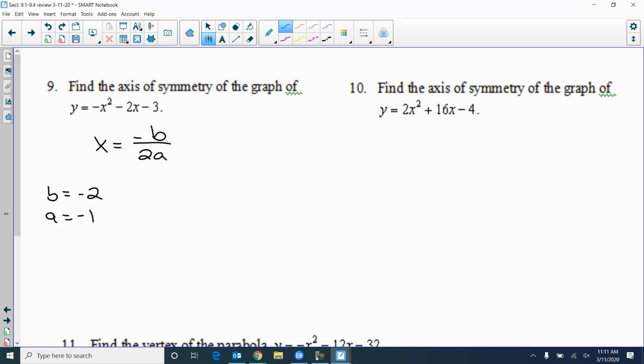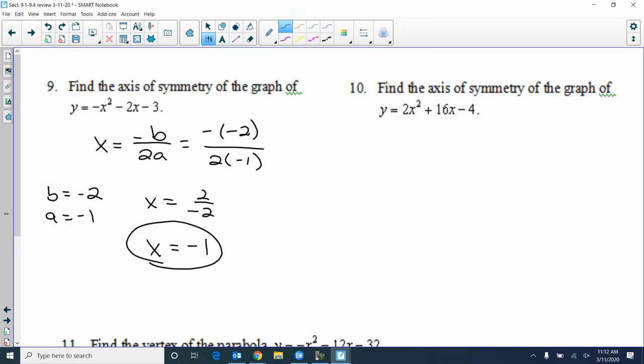That's a negative, so you treat it as a -1. The negative is always there in front of the b, so when we put -b, you have to put minus -2, over 2 times -1. Minus a -2 is a +2, divided by -2. So the answer is -1. x equals -1. You have to write it in that format.